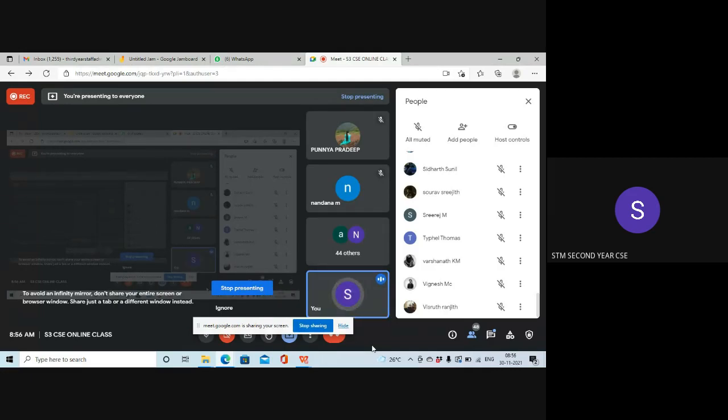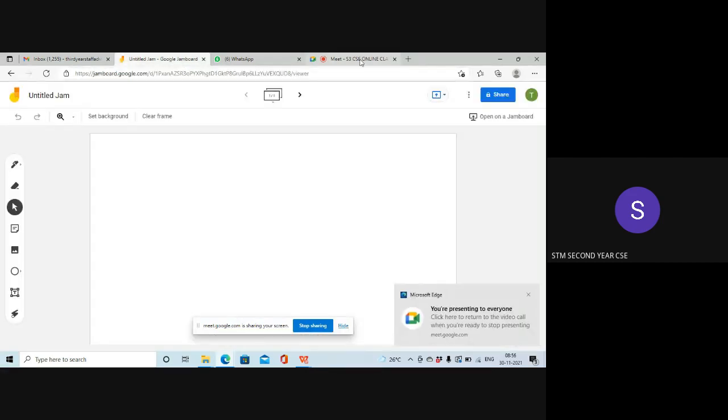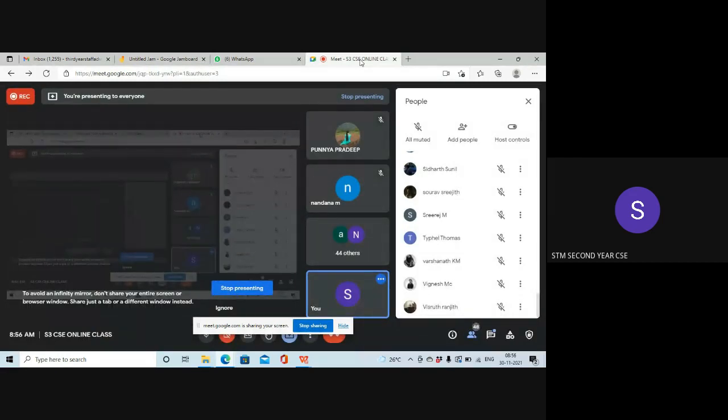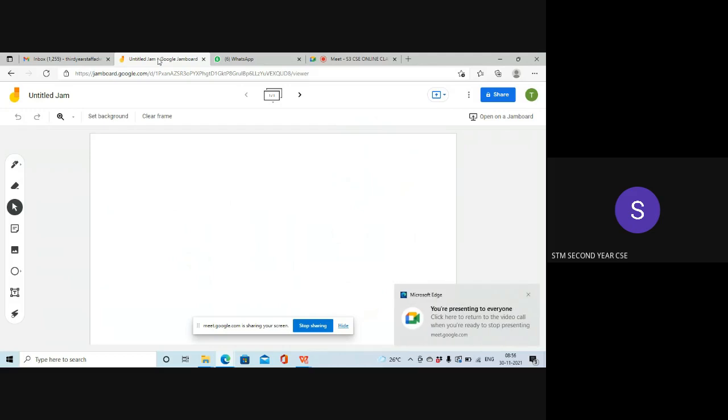So, what is this rule? How will you express it in logical implication form? What is modus ponens? See, I'm going just quickly through this.